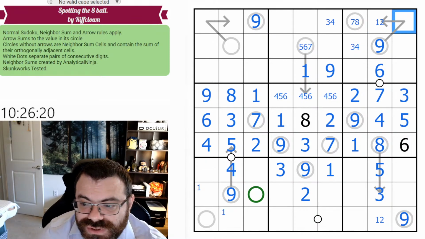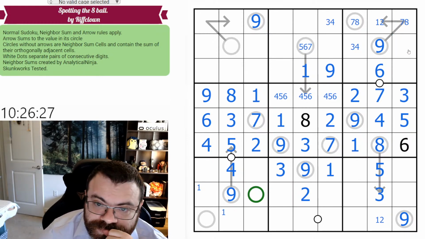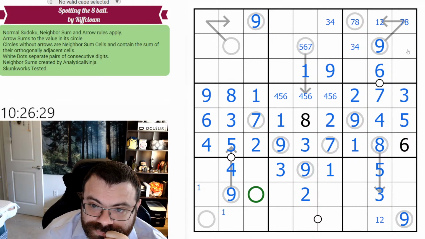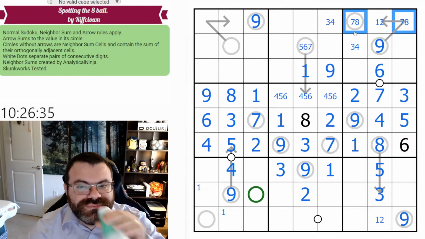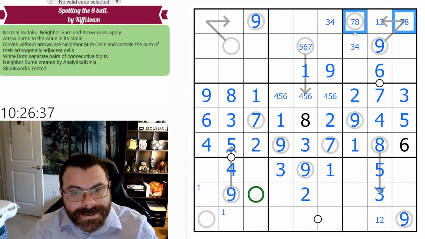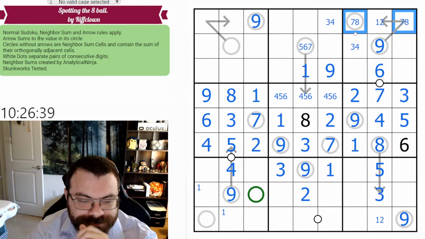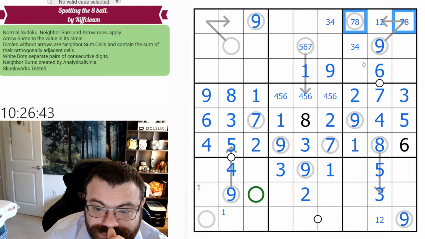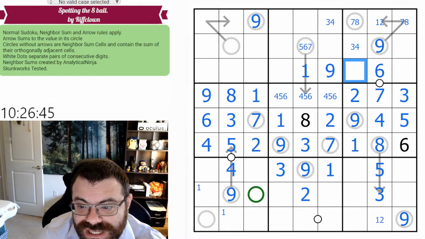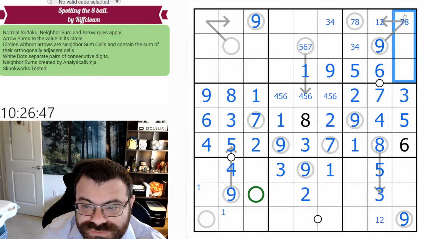Let's see. So if this is 1 or 2 adding to 9, then this is 7 or 8. So we have a 7, 8 pair. True, 5 is placed in this box because of this 5.